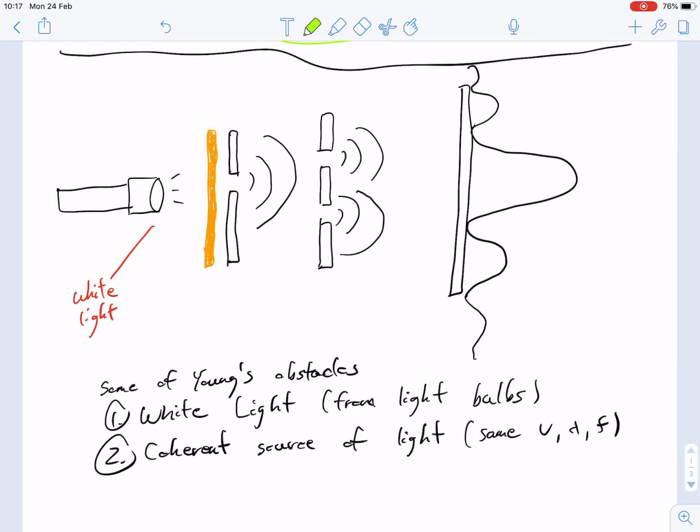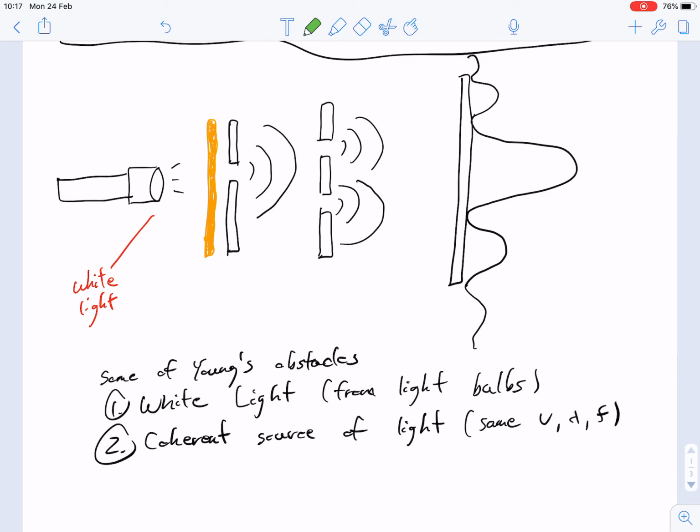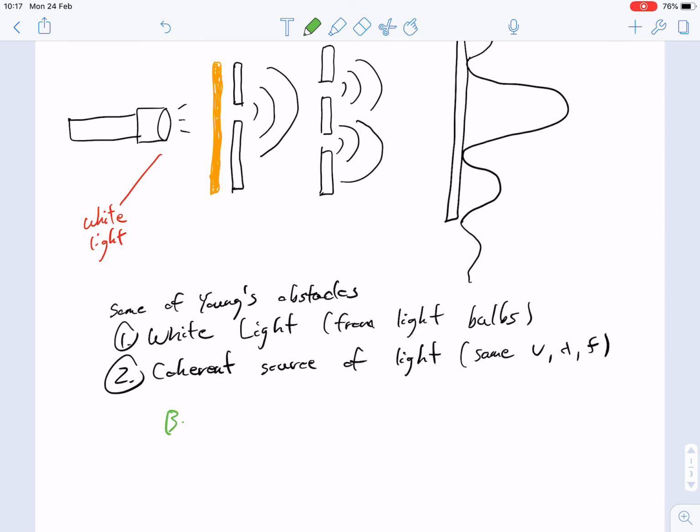This was actually quite revolutionary because Young actually bested Newton in some ways. Up until Young, it was thought, or Newton had hypothesized, that light was essentially particles or something close to that.